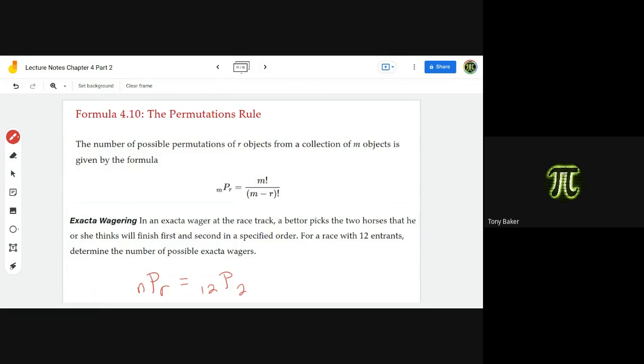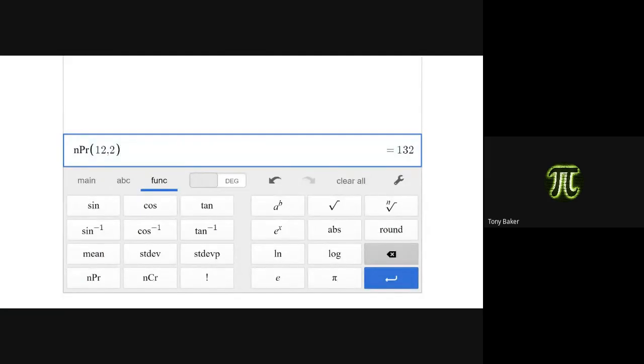So we have 12 of them, and we're choosing 2. If you go to Desmos, that's exactly how you type it in.